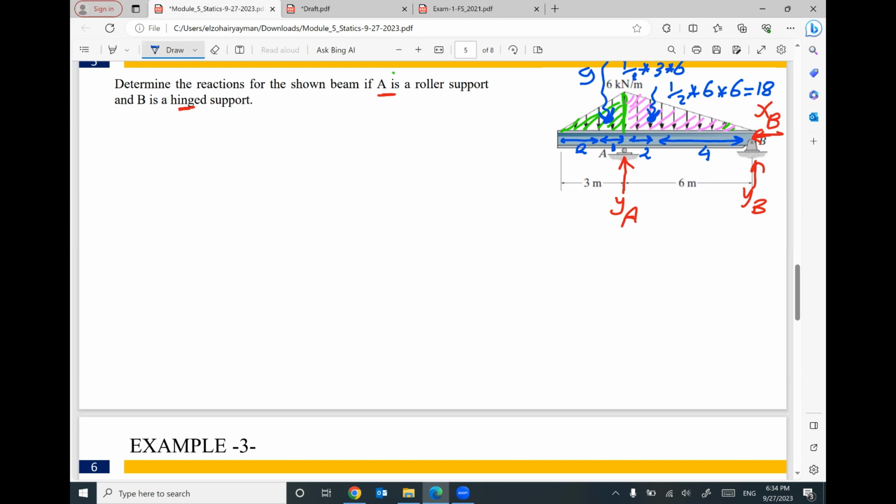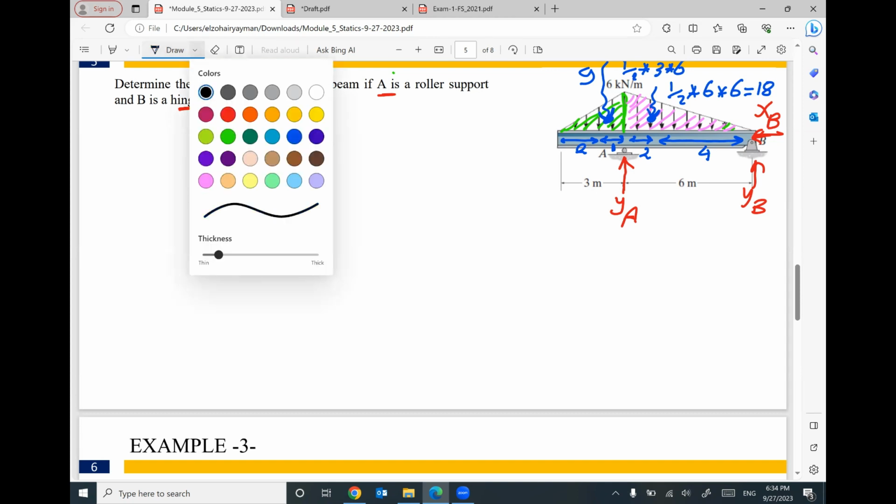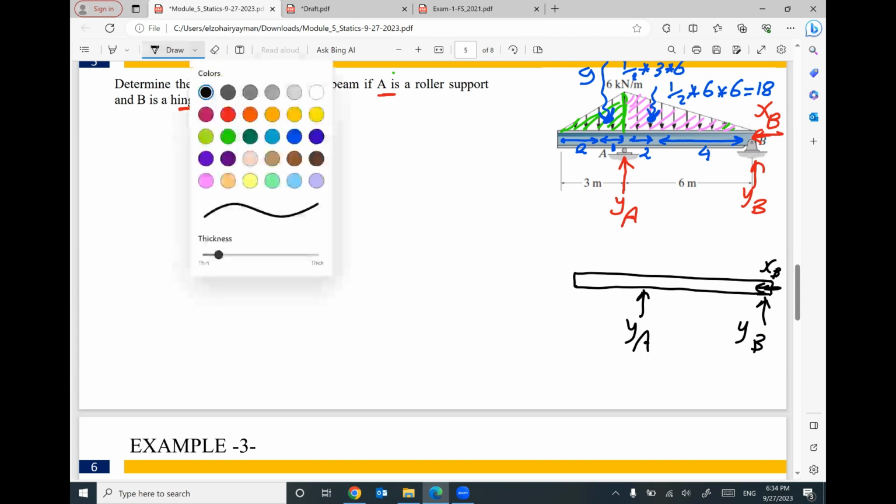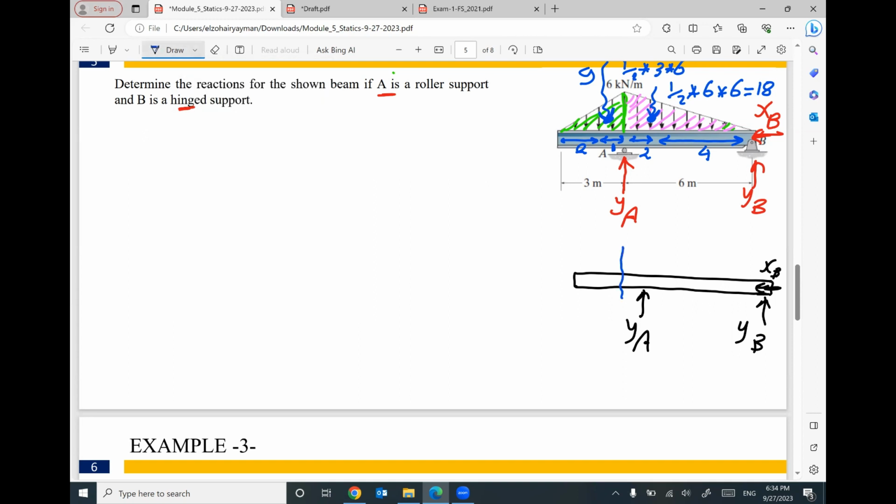If you would like to draw another copy with a clear sketch, I will have reaction here YA, and two reactions here YB and XB. I will have an equivalent here with a value equal to 9 kilonewton, and this distance is 1 and this distance is 2.